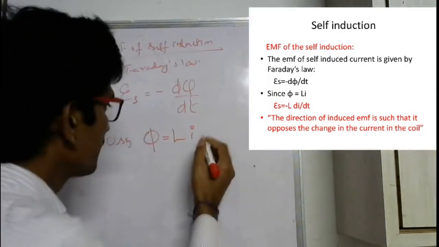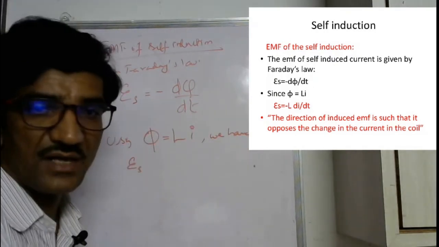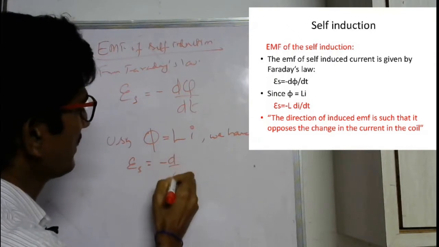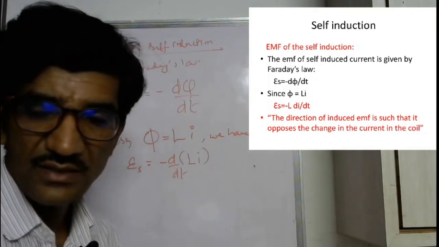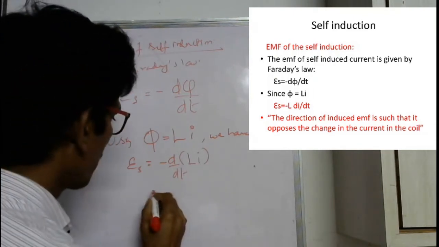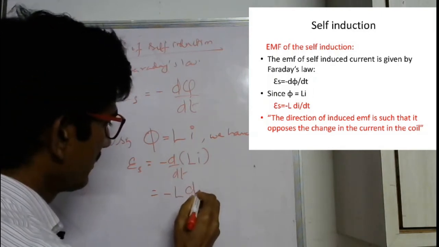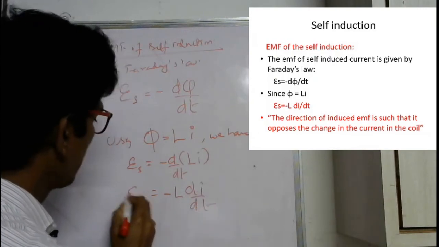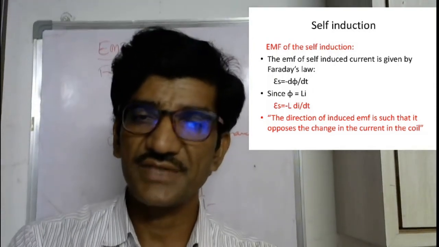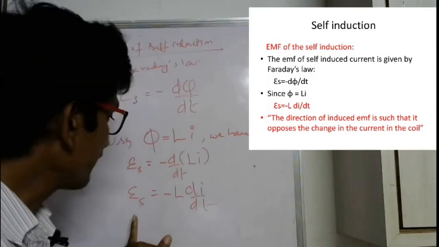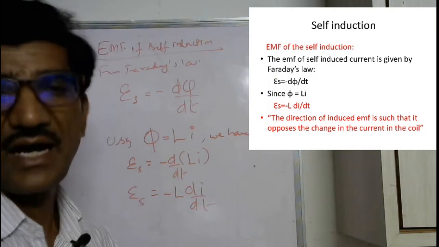Using this, EMF of self-induction is equal to minus d by dt of Li. Since L is constant, you write di by dt. So the EMF of self-induction is equal to minus L di by dt.